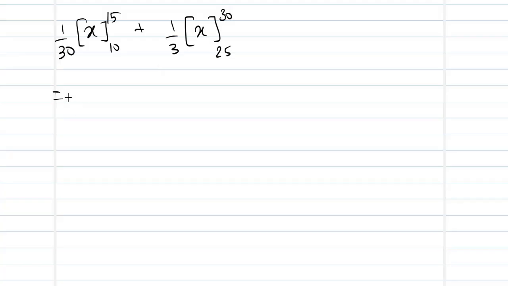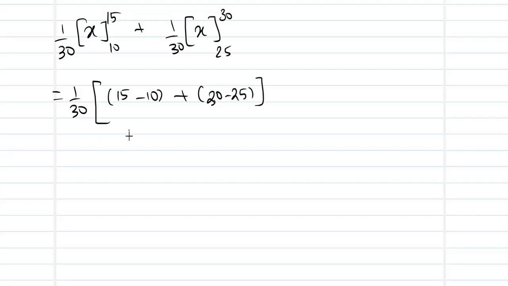Now on integration and applying the limit, we have 1 by 30 common for both cases, so let us take 1 by 30 outside. The first one is going to be 15 minus 10, plus the second one is going to be 30 minus 25.